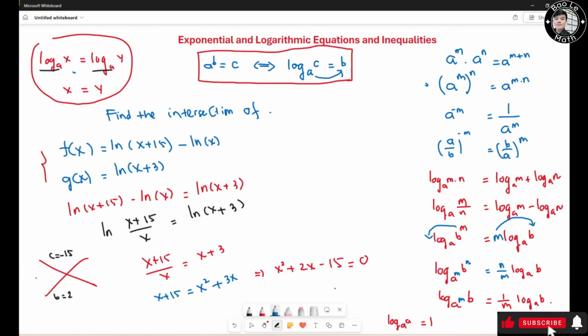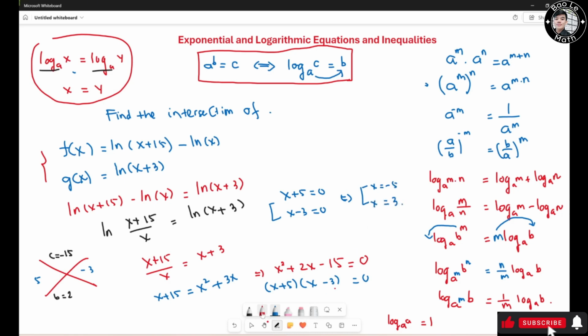So it's going to be 5 and negative 3, right? So this turns out to be (s plus 5) times (s minus 3) equal to 0. And this is the zero product property, so I have s plus 5 equal to 0, or s minus 3 equal to 0. And then I solve for s, so s equals negative 5 and s equals 3.